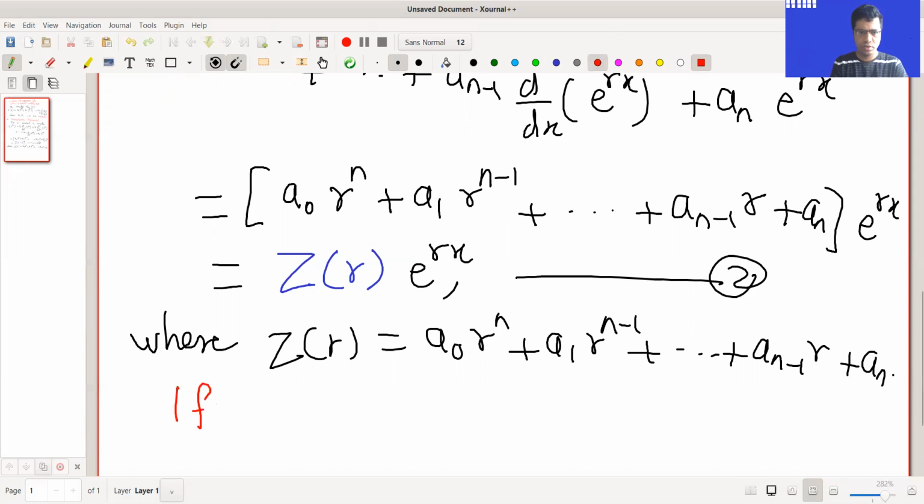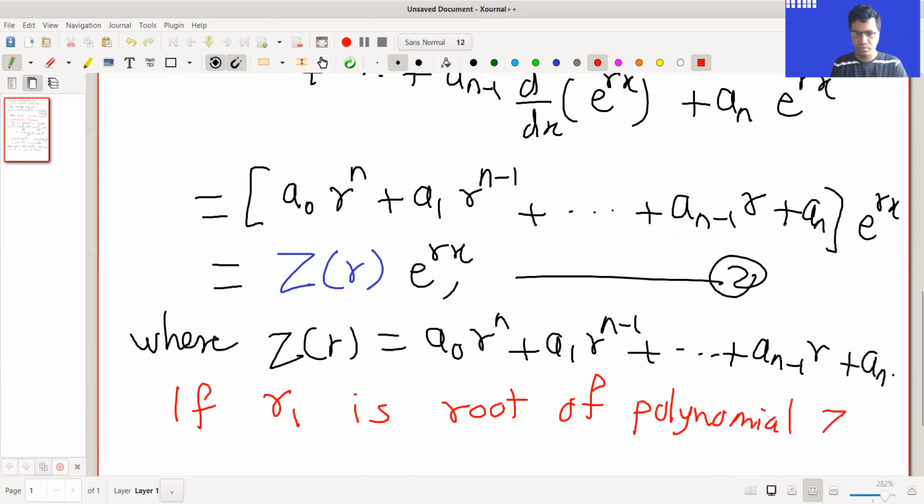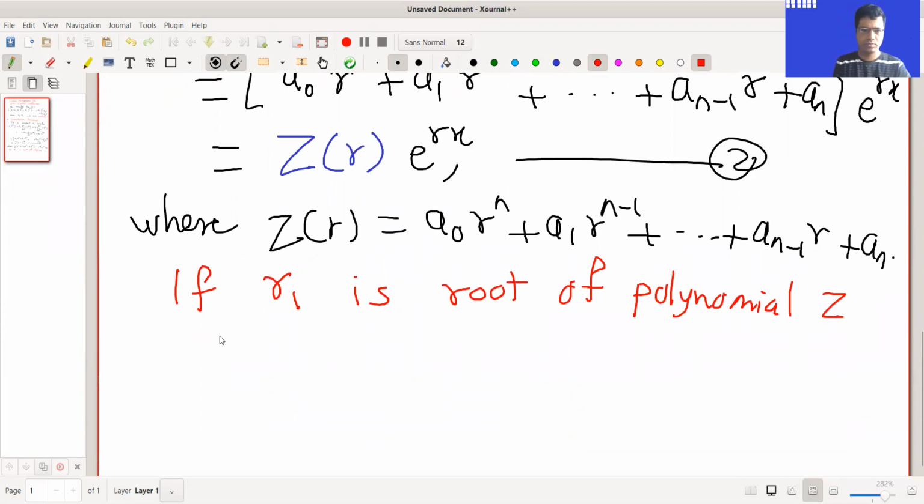If r1 is a root of the polynomial z, then z of r1 is 0.